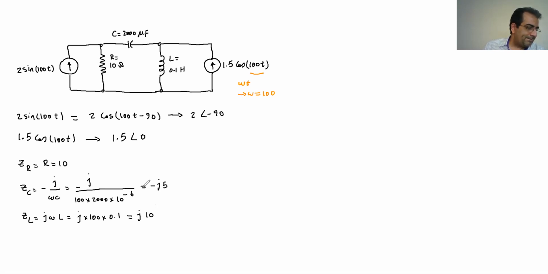So these are going to be our sources and then the impedances. Now I'm going to redraw this circuit again. I have the sources here with angle of negative 90.